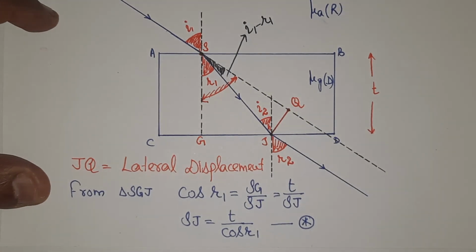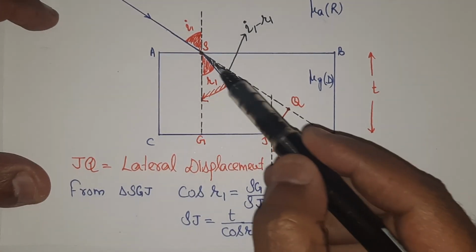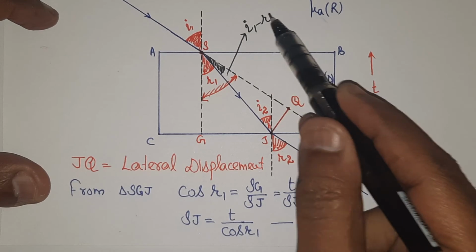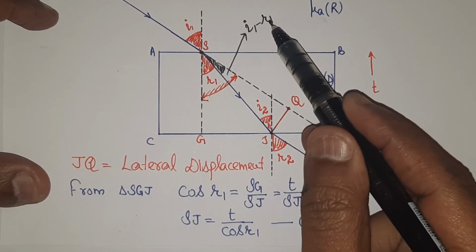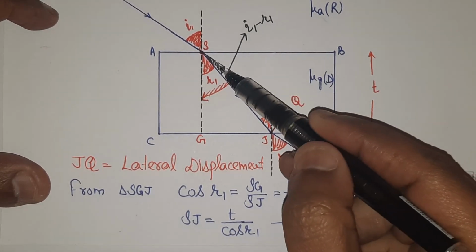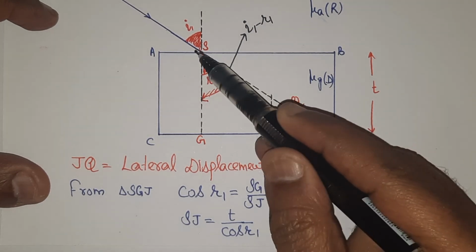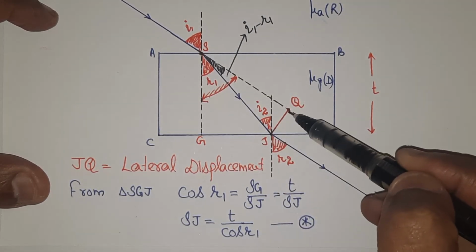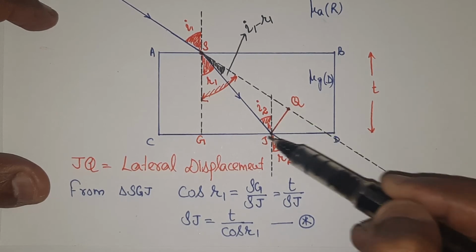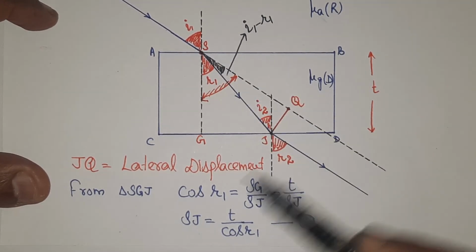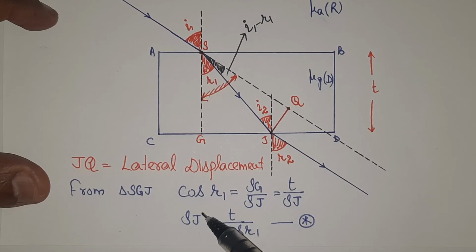So now from this triangle, writing I1 minus R1. With respect to this particular angle, this will be the perpendicular and this will be the hypotenuse. The perpendicular we have to calculate because this is the lateral displacement, and the hypotenuse SJ we have already calculated.